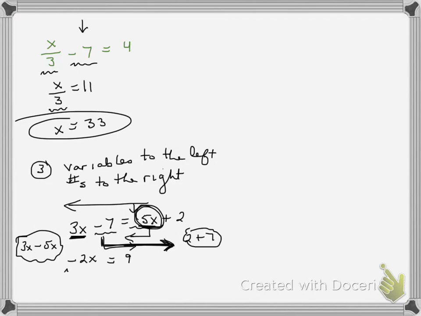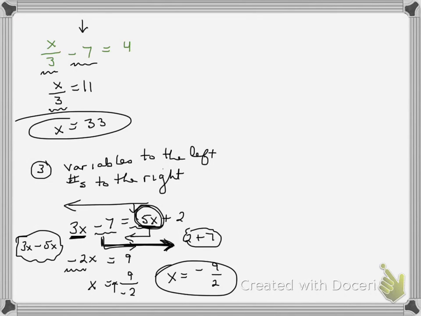Now, I need to get rid of this, and maybe sometimes the best way to think about that, if there's a number there, is right now I'm multiplying, so I'm going to divide by negative 2 with the same sign. Divide by negative 2. Okay. Your answer is going to be x equals negative 9/2. Just moving that negative sign so it's in the numerator or up in front. We don't want it in the denominator.